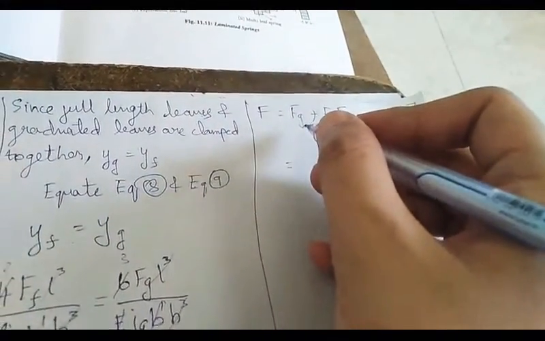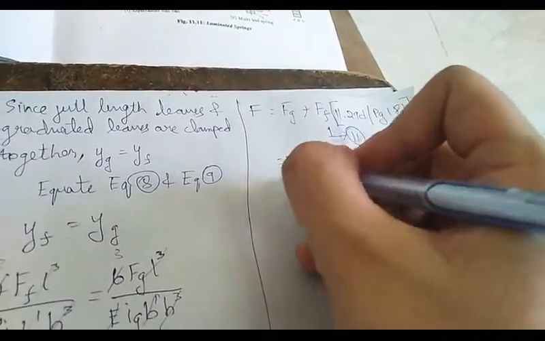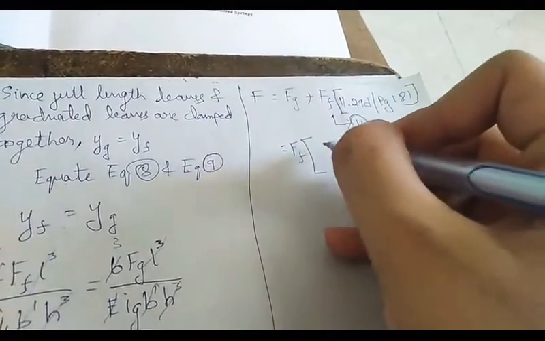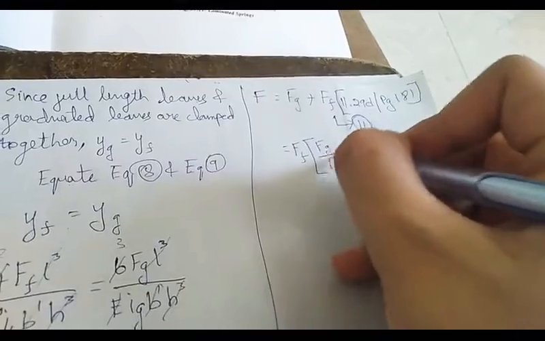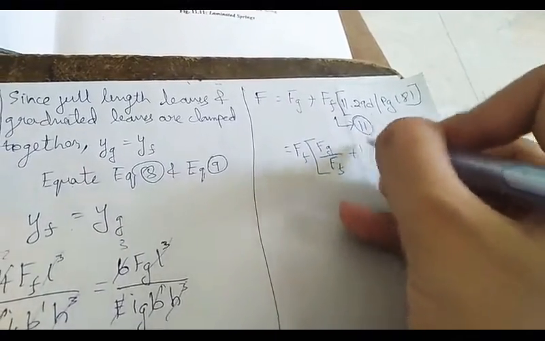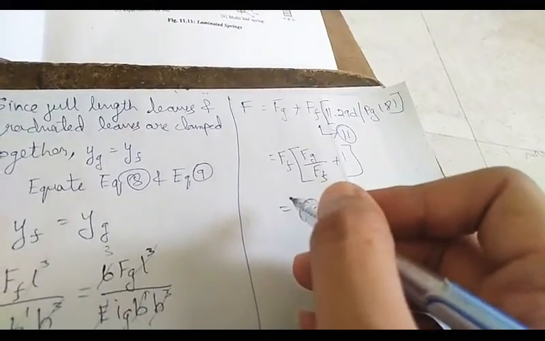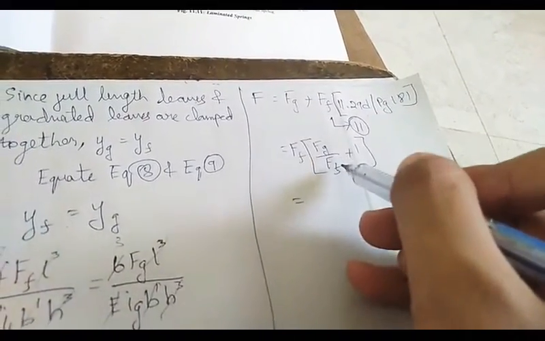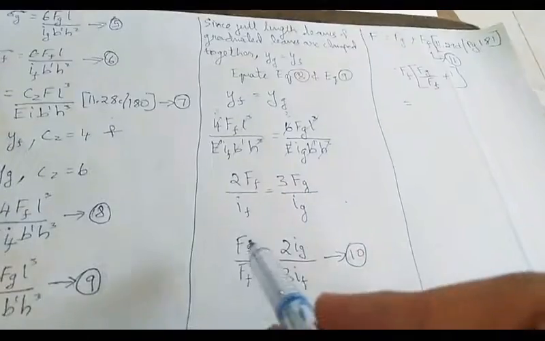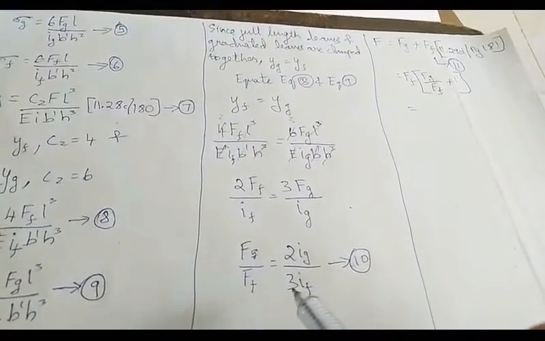In this equation, I'll take out FF common: FF times Fg by Ff plus 1. So for Fg by Ff, I'll substitute 2Ig by 3If.